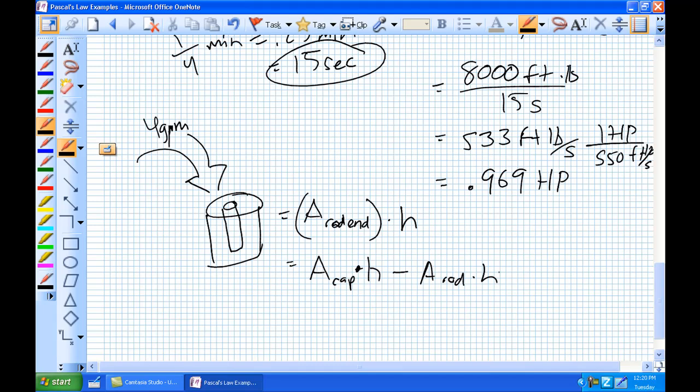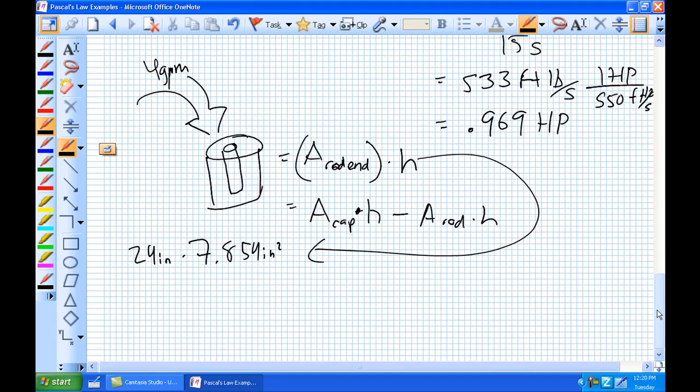So basically, two different ways to do it. Let's just go for this one because we already figured out the area of the rod end is 7.854 inches squared times a height also of 24 inches, because if it's fully retracted, it's traveled that entire same distance.